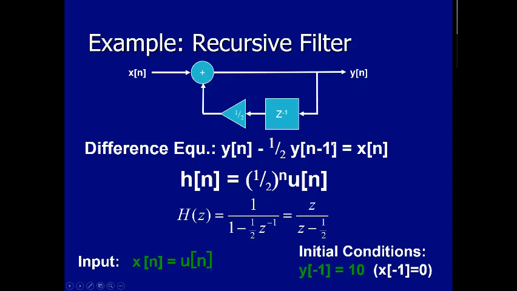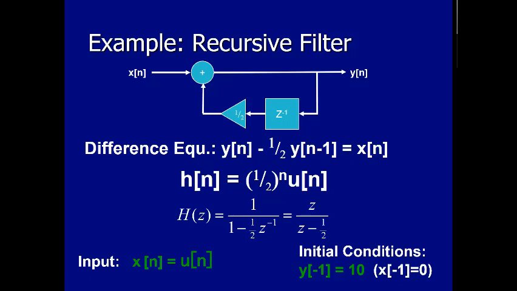Now, I have a first order system because my highest order delay on the y side is a 1. A first order system needs one initial condition. That initial condition is y of minus 1, and in this case it's equal to 10. Let's see how the problem would progress using this new method, the one-sided Z transform, to apply this input with this initial condition to this system and predict what's going to come out.